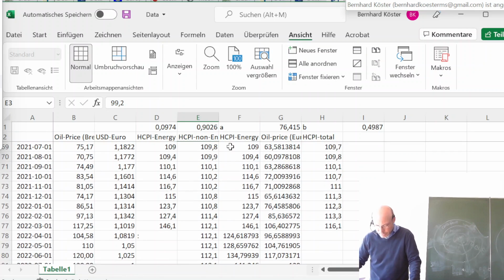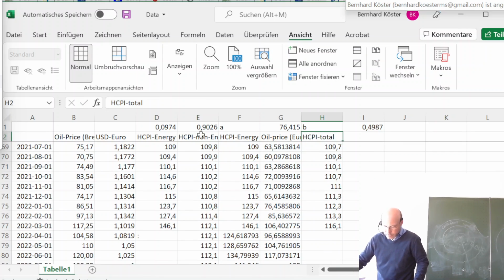So HCPI total is then non-energy times the weight and energy, which we have calculated, also times the weight.